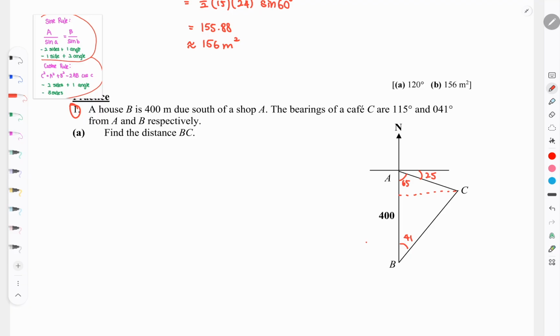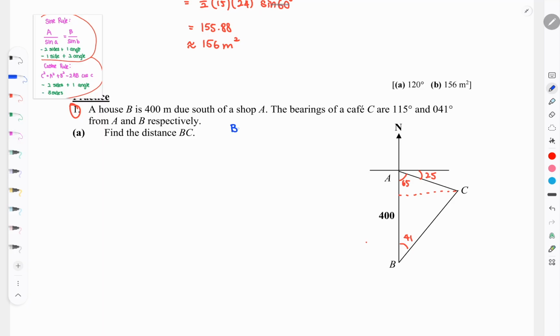The bearings of cafe C are 115 degrees and 41 degrees from A and B respectively. So what does it mean? Let me break it down into two smaller parts so it's easier for you to see.